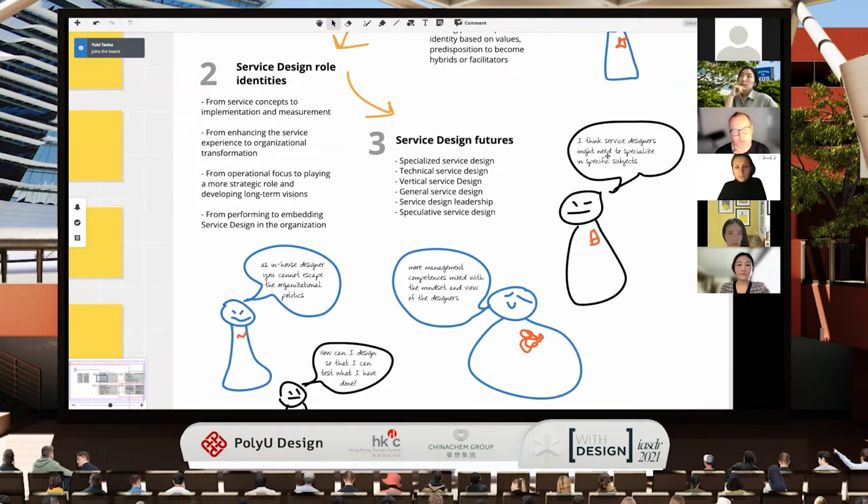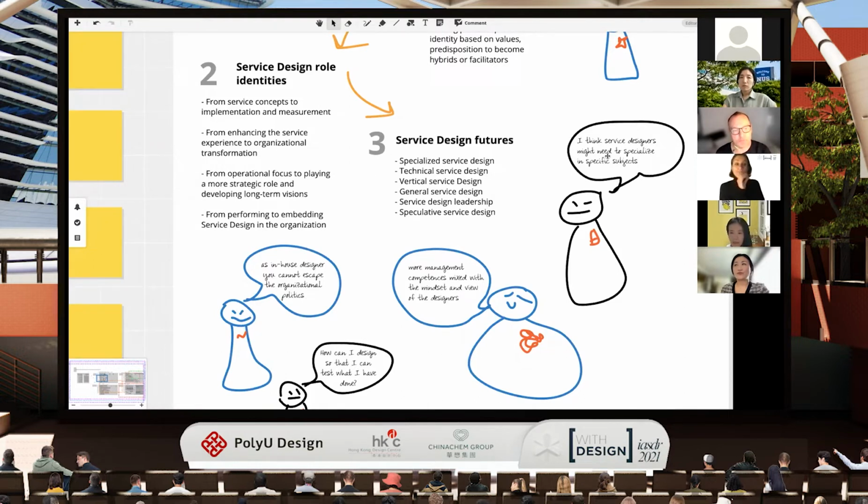So for example, going from working with service concepts to implementation and measurement, and that then means that they see both that service concepts is something that you can do and it forms your role and your identity, but it can also be all the way over, so to speak, to implementation and measurement. So that has kind of an identity or a role identity developed through relating to the kind of processes that they usually end up in.